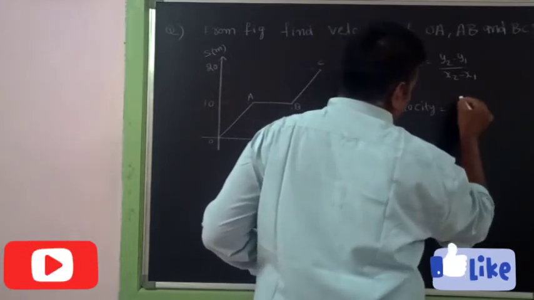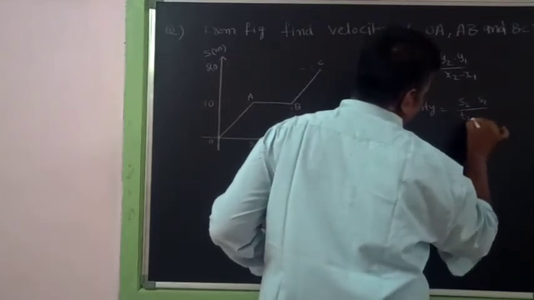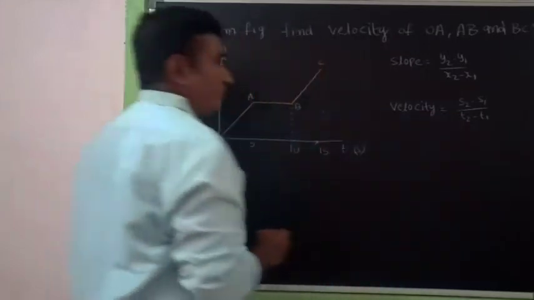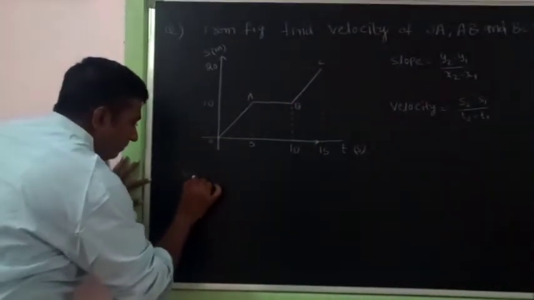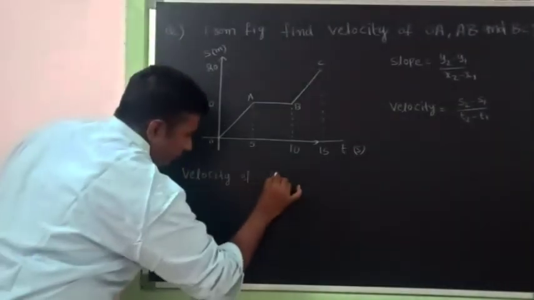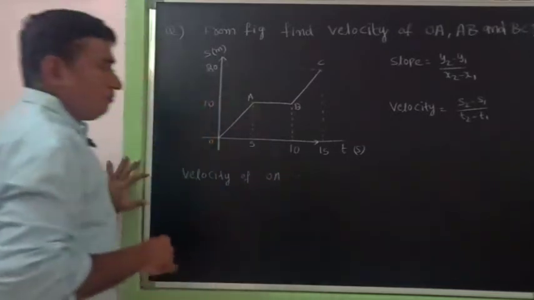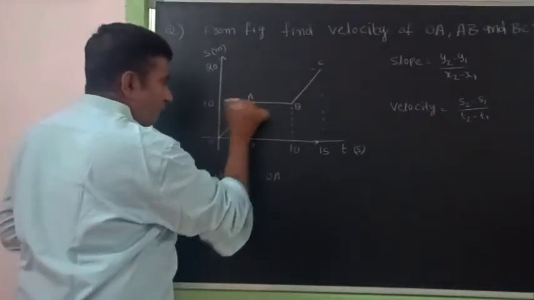So velocity is equal to s2 minus s1 by t2 minus t1. First, we have to find the velocity of OA, from O to A.